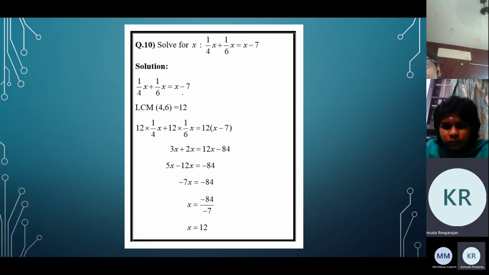See here, you'll have to multiply x into 12 and minus 7 into 12. So I've multiplied both into 12 here.